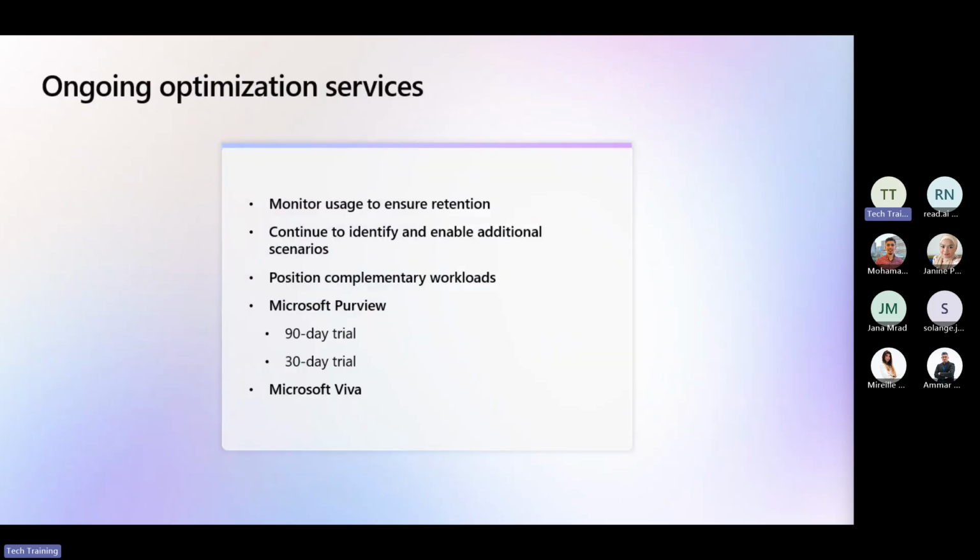Going to optimization services, we can monitor usage to ensure retention. We can continue to identify and enable additional scenarios. Position complementary workloads, Microsoft Purview and Microsoft Viva, with the monitoring of the usage and the continuous enabling of additional services.